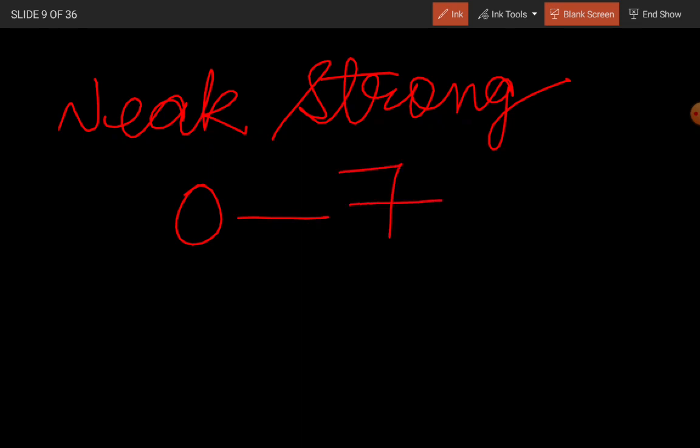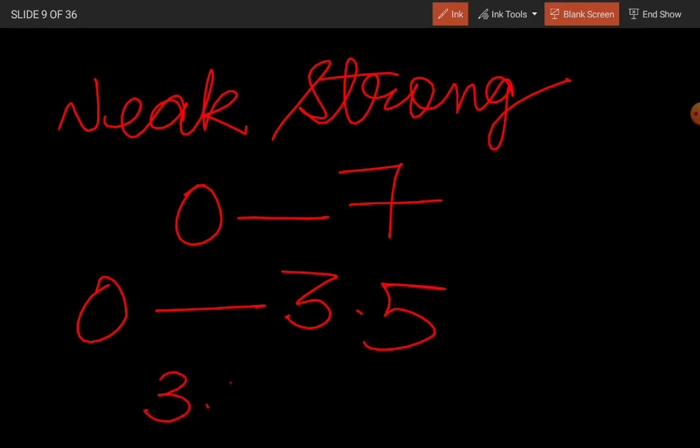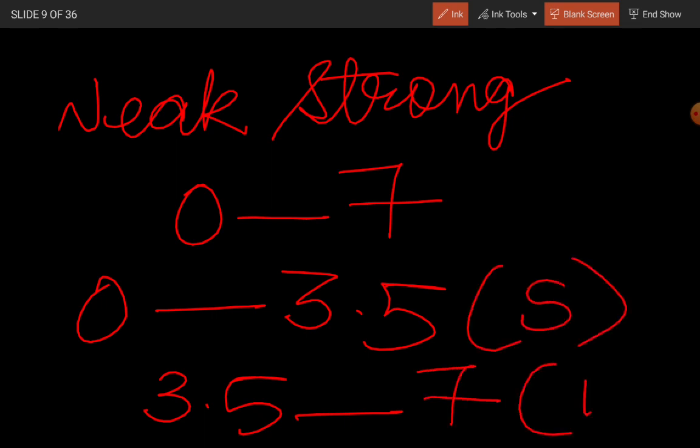In that, if we take the intermediate, we get 3.5. So the acids which have a pH between 0 and 3.5 are more acidic than the ones which have a pH between 3.5 and 7. So these will be strong acids, and these will be weak acids. This is the main difference between a strong acid and a weak acid. So this we have studied.